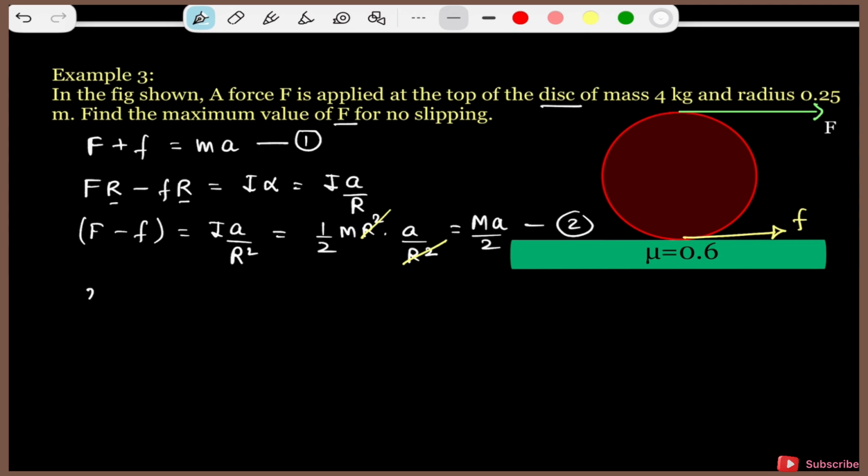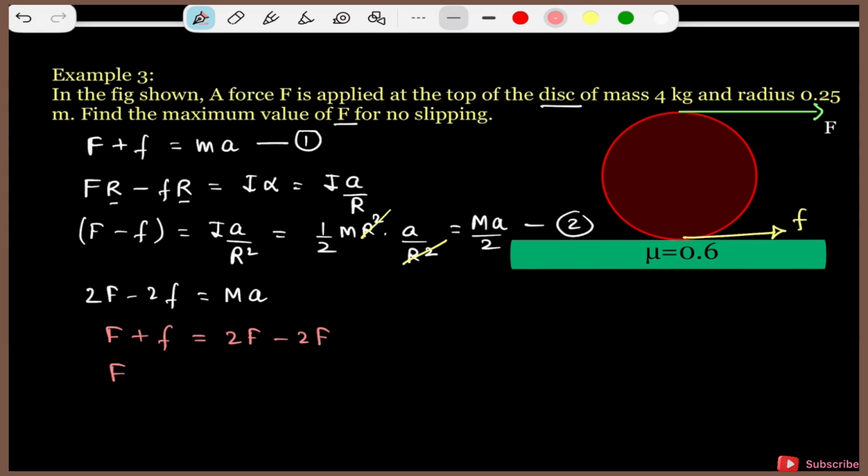we can write 2F minus 2 friction is equal to mass times acceleration, and let's plug this value into the first equation. So the first equation is going to be written as F plus friction equals 2F minus 2 friction.